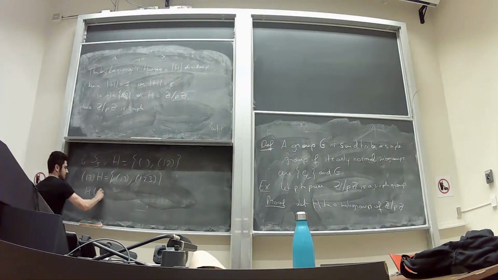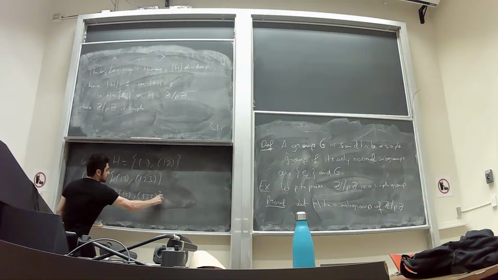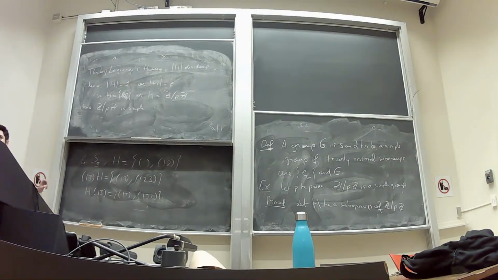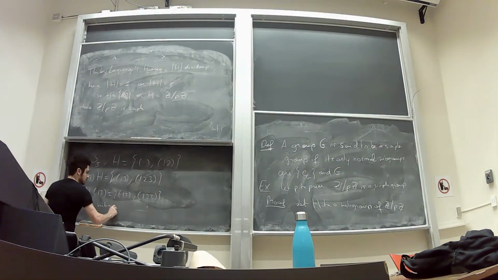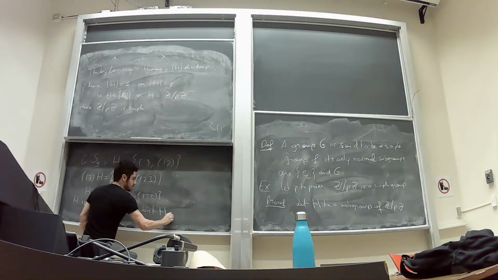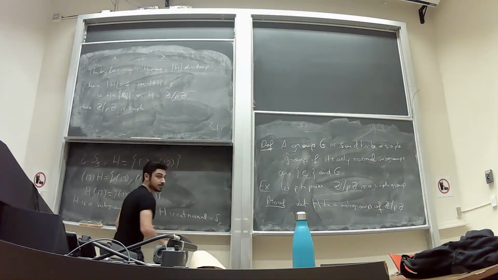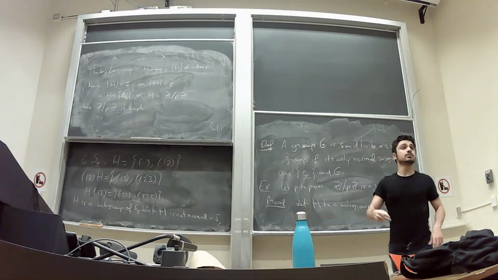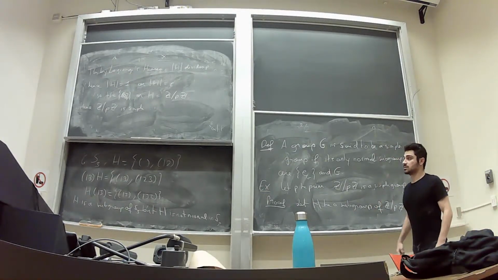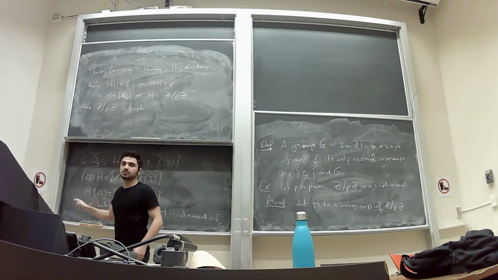And H times (1 3) is (1 2) times (1 3). So gH is not equal to Hg. H is a subgroup of S3 but H is not normal. So it's not true that every subgroup is normal. But if the group G is abelian, then any subgroup is normal.